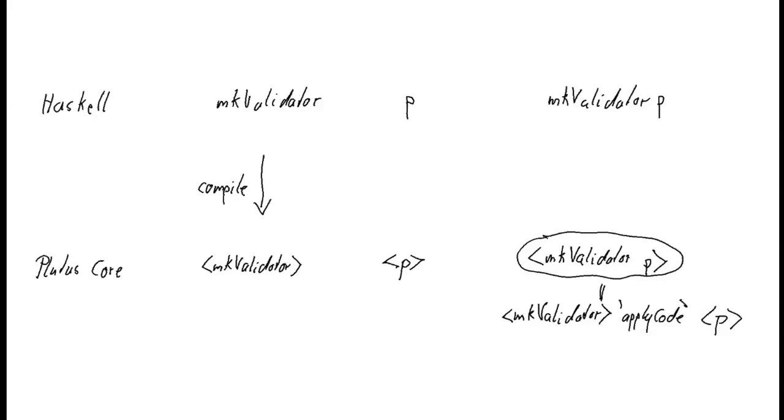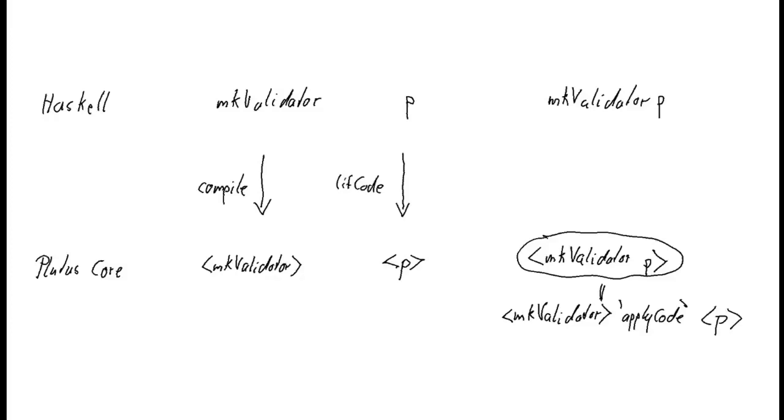However, P is not some arbitrary Haskell code, it's data. So it doesn't contain any function types. And as we will see, for such types, there is a way, if we make the type of P an instance of a type class called lift, that's called lift code, that does work at runtime.